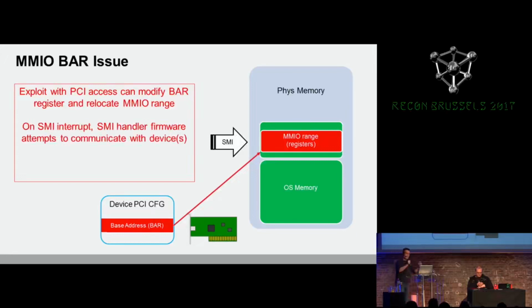Then, when an SMI interrupt is generated, either by hardware or by the attack code itself, the SMI handler firmware attempts to communicate with the device through this memory mapped I/O range, attempts to read registers or write registers. And so basically, instead of actually sending cycles to the device as MMIO cycles, which are memory cycles on the PCI bus, it sends memory transactions to its own memory or some other memory, depending on where the attack code relocated this MMIO range.